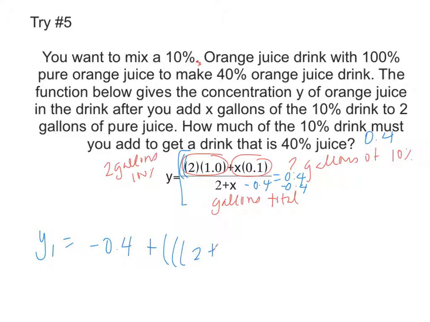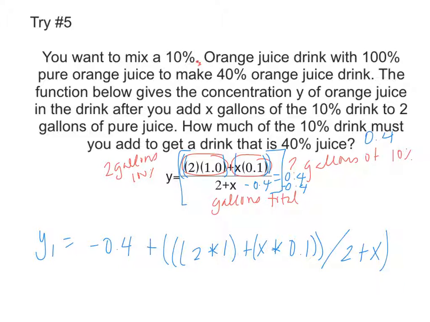So that's 2 times, we really didn't have to do that, we really could have just said 2, but I'll just keep going. 2 times 1, close that parentheses for that part, then say plus open parentheses x times 0.1, close parentheses for that operation, close parentheses for the numerator, and then divide it by 2 plus x, and then close parentheses to close off the brackets.